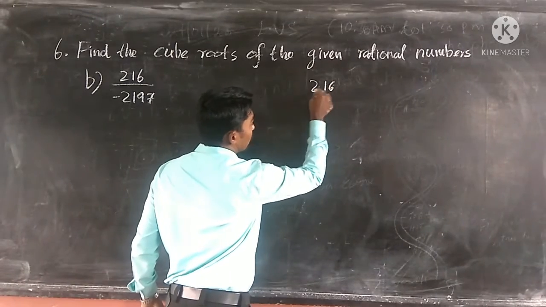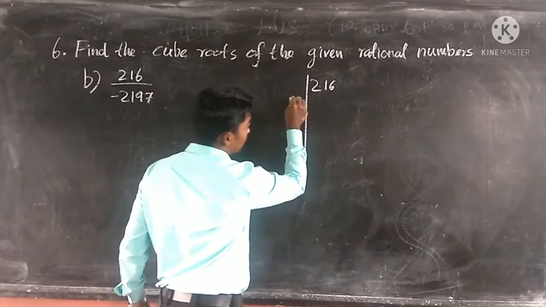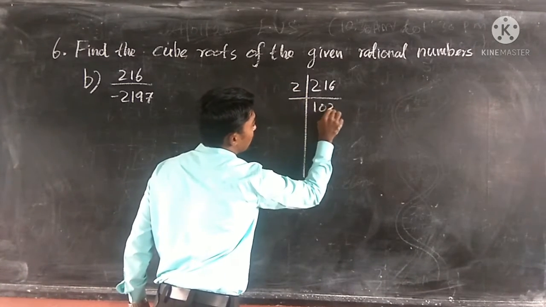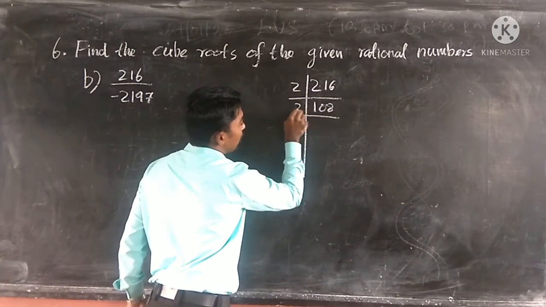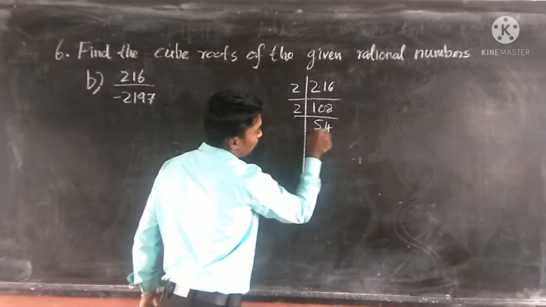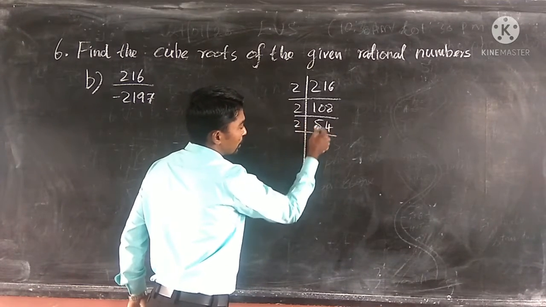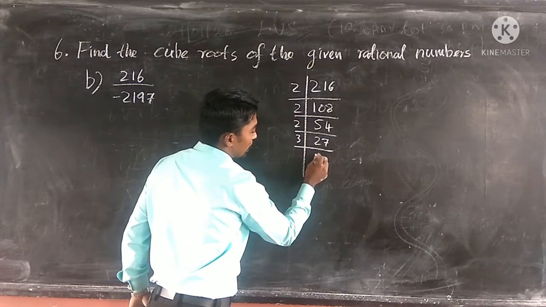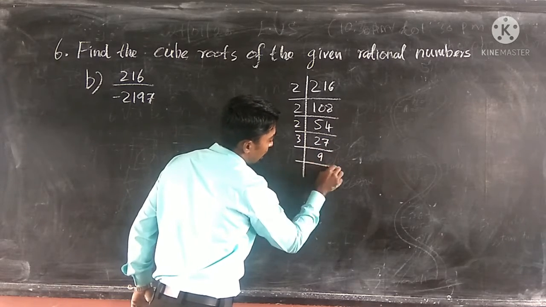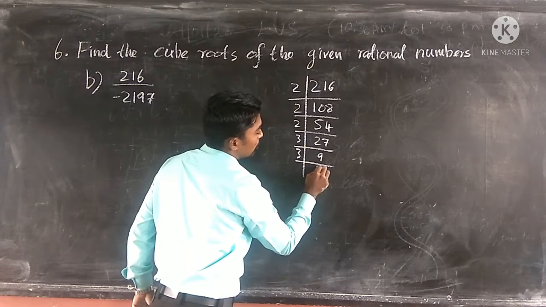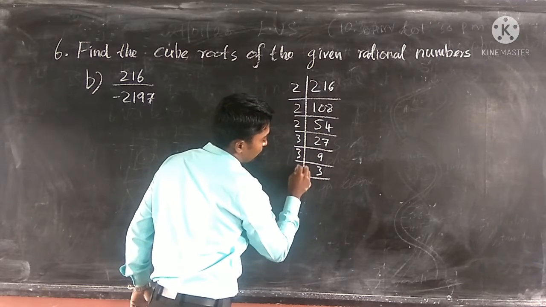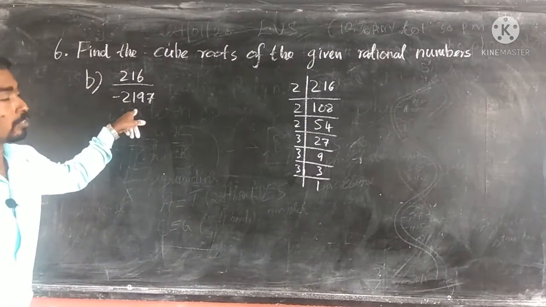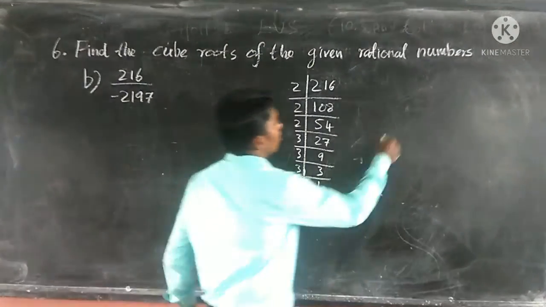First to factorize this 216. 216 we can divide by 2, we will get 108. 108 we can divide by 2, we will get 54. 54 we can divide by 2, we will get 27. 27 we can divide by 3, we will get 9. 9 we can divide by 3, we will get 3. 3 we can divide by 3, we will get 1. Next we are going to factorize 2197.